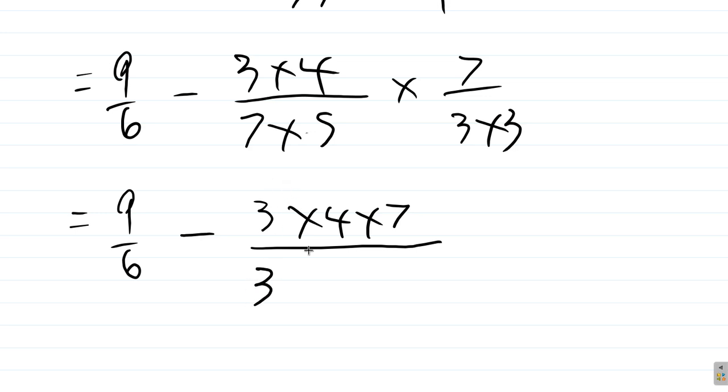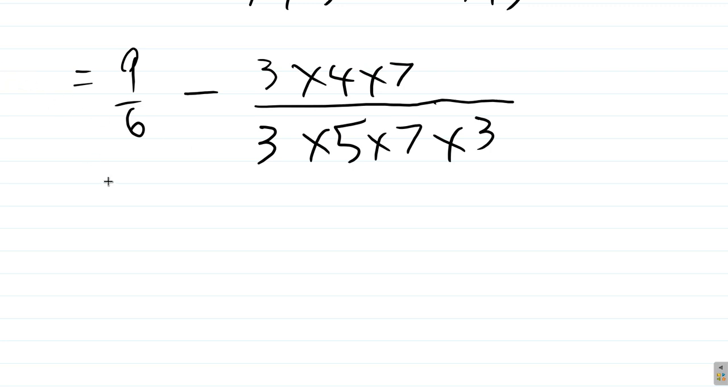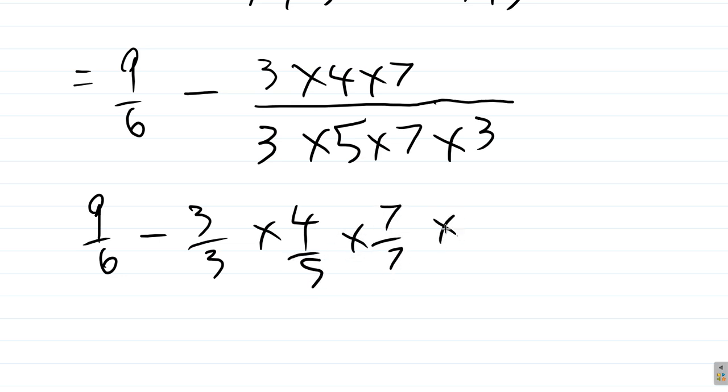It's 3 times, you have another, let's put the 5 there. 3 by 5 times this 7, go and put it here, times 7 times, and this other 3, let's put it here. Now the idea here is that we have 9 over 6 minus 3 over 3 times 4 over 5 times 7 over 7 times, well, you could write this as 1 over 3.